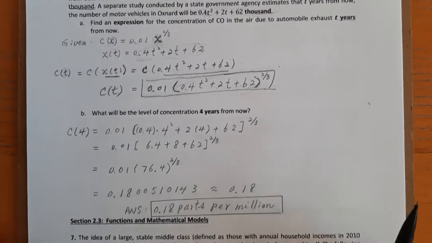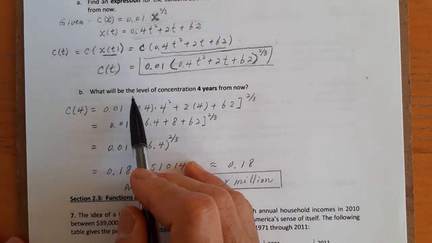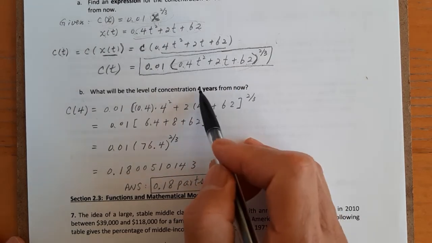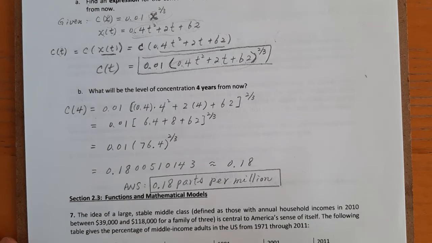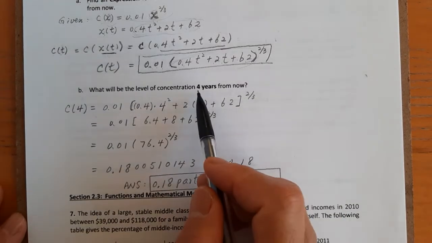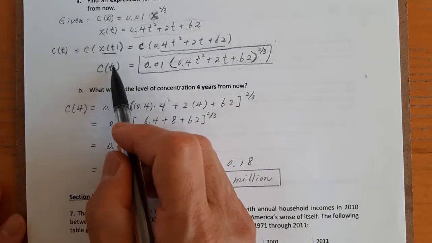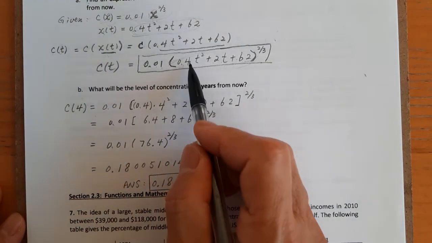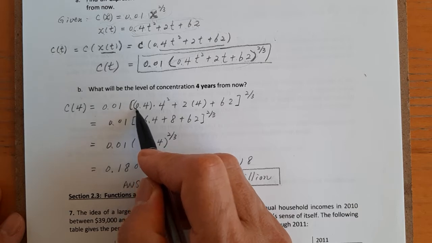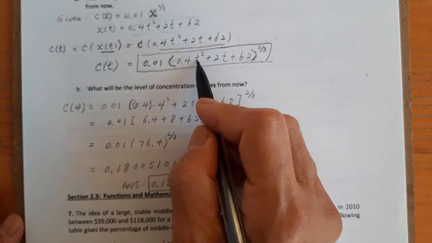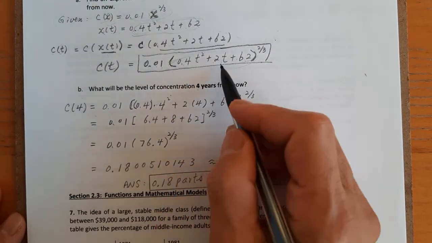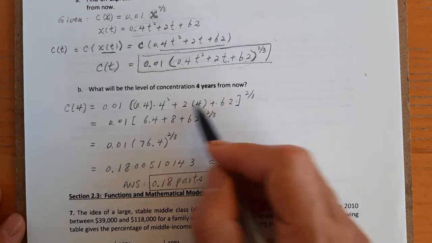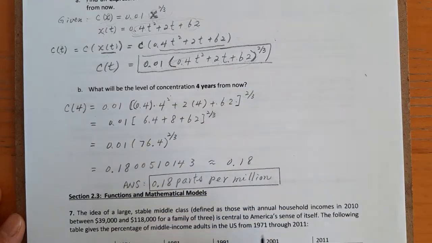Then B: what will be the level of concentration 4 years from now? That means t equals 4. Plug in t equals 4 and you get 0.01 times the quantity 0.4 times 4 squared, plus 2 times 4, plus 62, to the power 2/3.